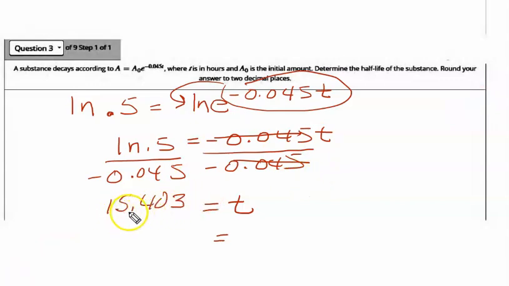And I get 15.403, rounding it to 2 decimals, 15.40 hours. Again, these first 3 all followed a similar pattern.